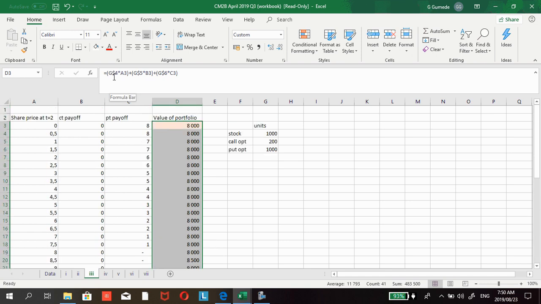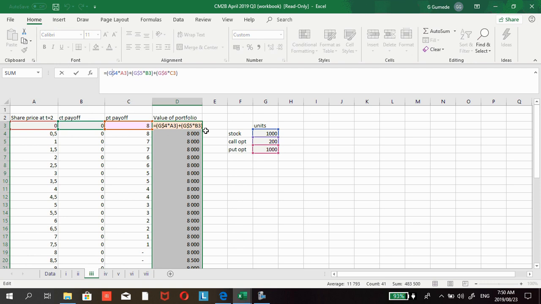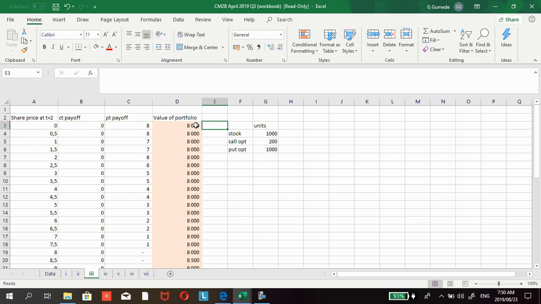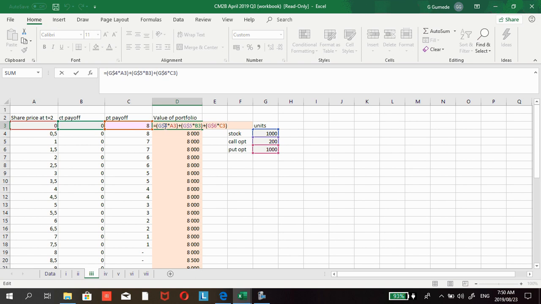Why? Because by putting a dollar just next to this number, you are locking the values going down, okay? But if you put the dollar just next to this letter, you are locking your value going across.